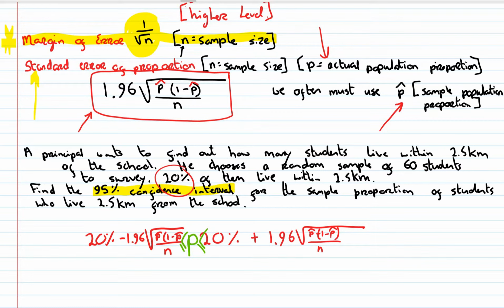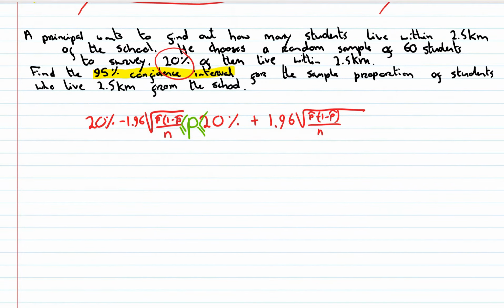Okay, so I'm just going to rewrite this a bit neater, and I'll change percentages to decimals. So we have 20%, which is 0.20, minus the 1.96 root, the p hat is 0.2, then 1 minus p hat, which will be 0.2 again.